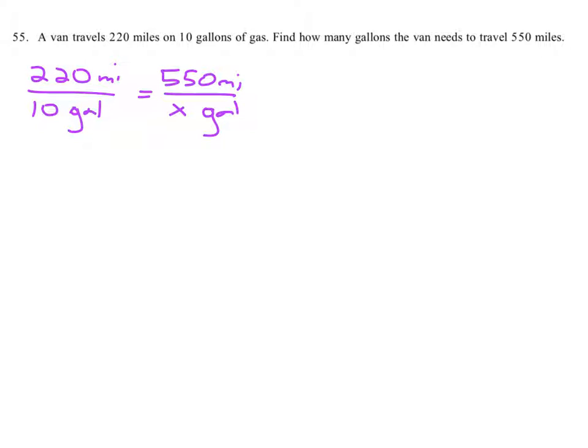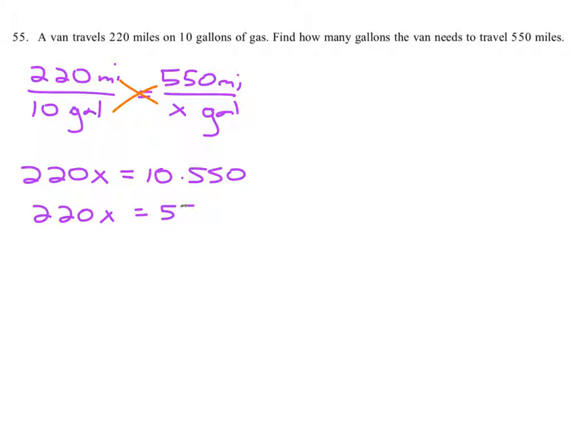So multiplying the diagonals, this times this equals this times this, we get 220x equals 10 times 550, or 220x equals 5,500.